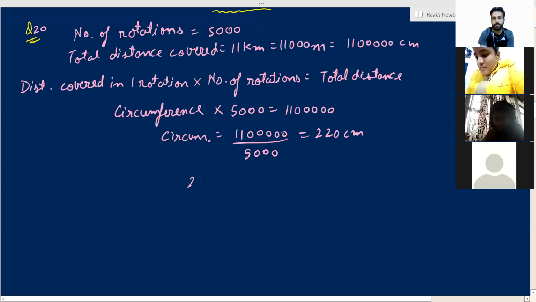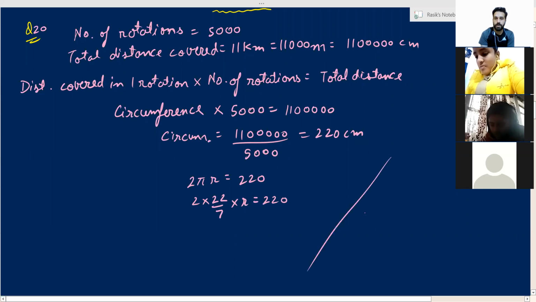Use the formula of circumference, 2 pi r equals 220. So 2 into 22 upon 7 into r equals 220. Radius will be 220 times 7 divided by 44, which is 35 centimeters. Very good.